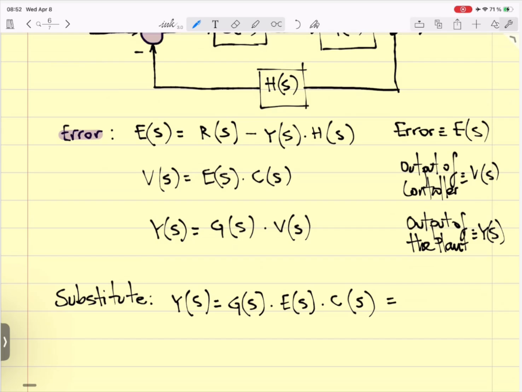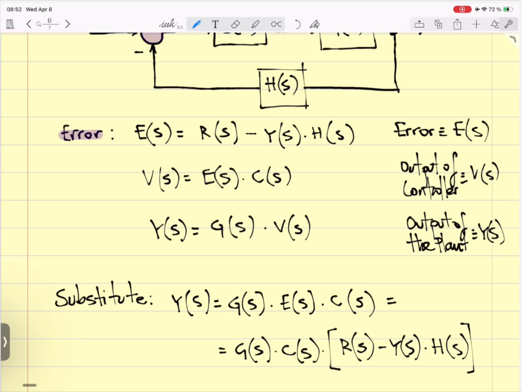But now I can also substitute E of S. So this is G of S times C of S times the error, but the error is R of S minus Y of S times H of S. Okay.